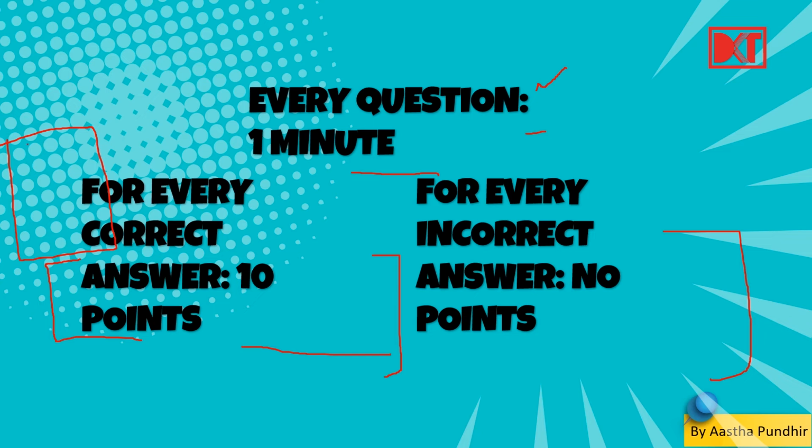Here you write the name of the chapter and then the question, and if it is correct you can give yourself 10 points. If it is not correct, you mark it here. The ones which you mark incorrect, it is important to go back to them later and see where you made the mistake. Alright, this is just for your reference. For every correct answer you can give yourself 10 points. Alright, now let's start.